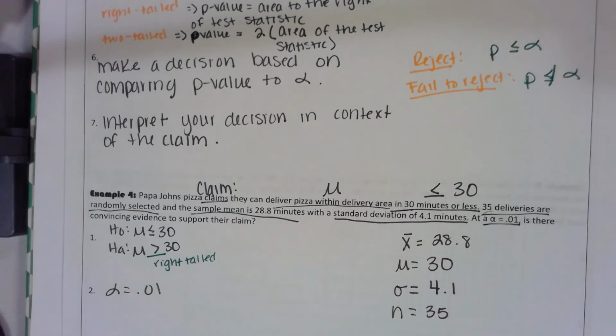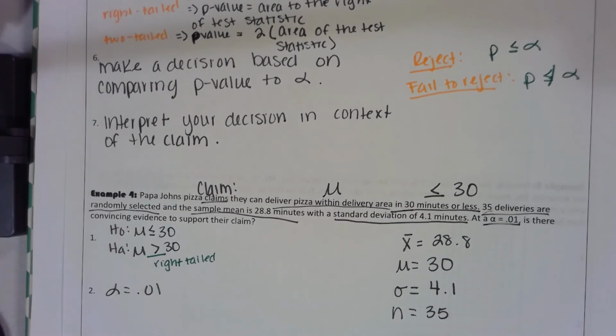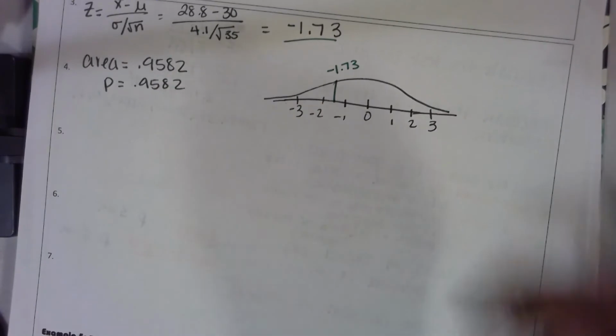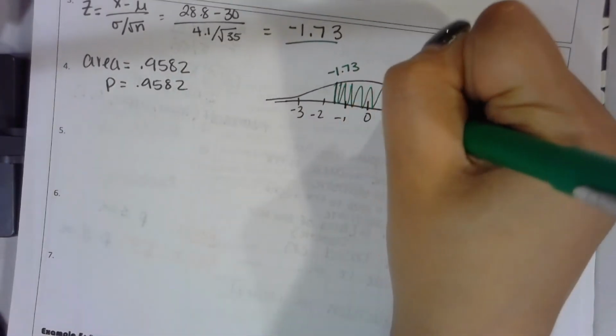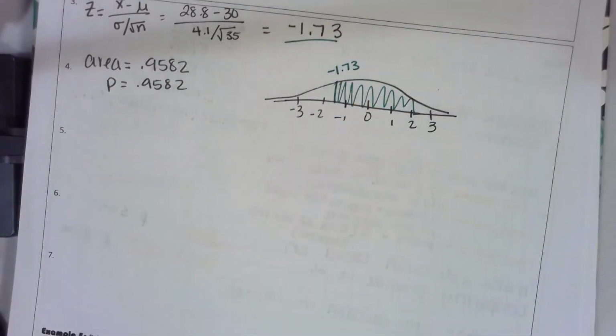And I already said it, you either use the web or you use 2nd VARS number 2 normal CDF, which I wrote down over here, and how to do it. And then that was step number 5.